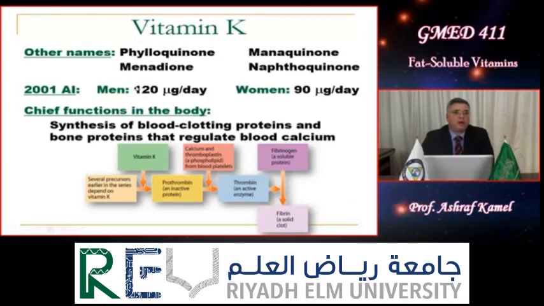Vitamin K, other names are phylloquinone, menaquinone, menadione, and naphthoquinone. In 2001, the adequate intake for men is 120 microgram per day, for women 90 microgram per day. Chief functions in the body: synthesis of the blood clotting proteins, the clotting factors, and synthesis of bone proteins that regulate the blood calcium.